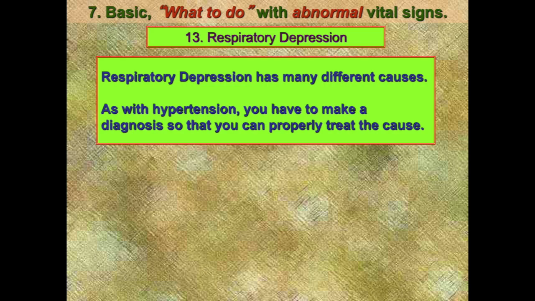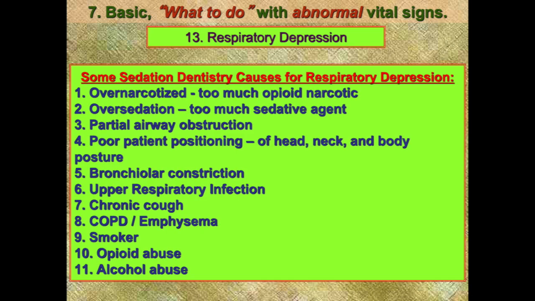Our last emergency is going to be respiratory depression, and it has different causes. As with hypertension, you have to make the diagnosis so that you know how to treat the cause. Respiratory depression has a lot of different causes. They can be due to the over-narcotized patient, this patient that's had too much narcotic or sedation medication.